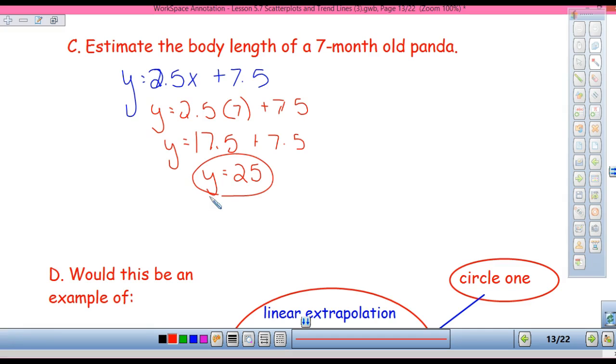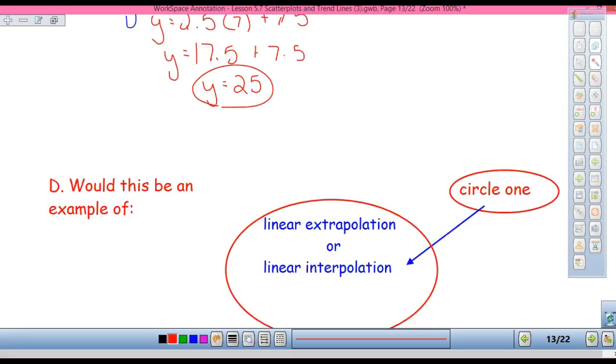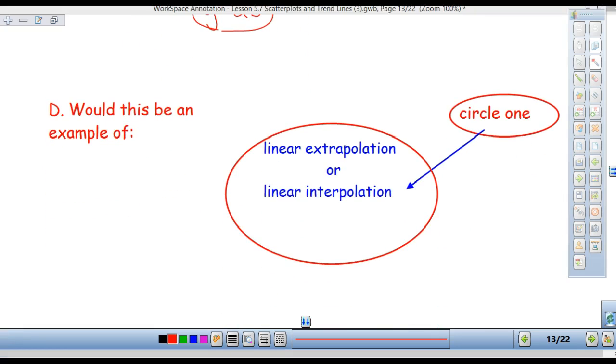So let's talk about, would this be linear extrapolation or linear interpolation? Just listen. Some people are doing their assignment still when they need to be watching up here.